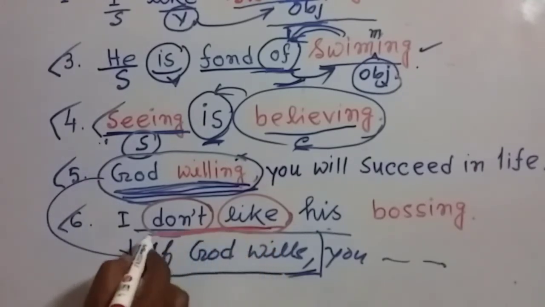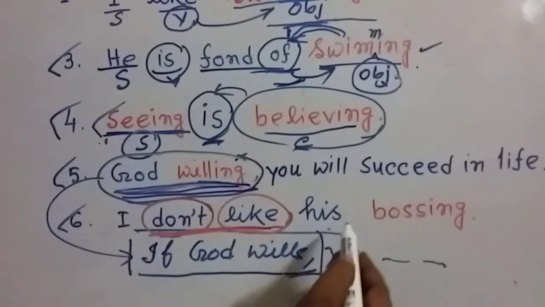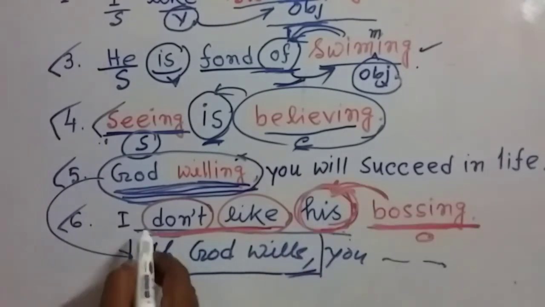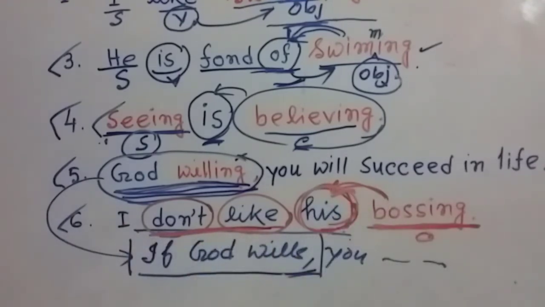So these 2 parts are verbs, and this is a possessive adjective. The sentence is "I don't like his bossing." So my dear friends, this is the object, and you know it is a noun. As it is a noun, so it's a gerund.